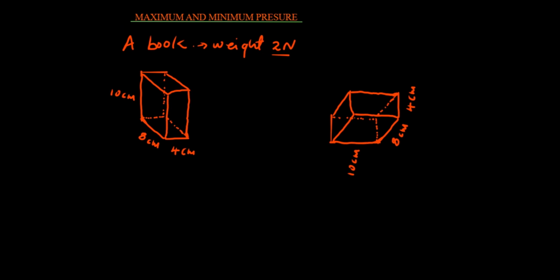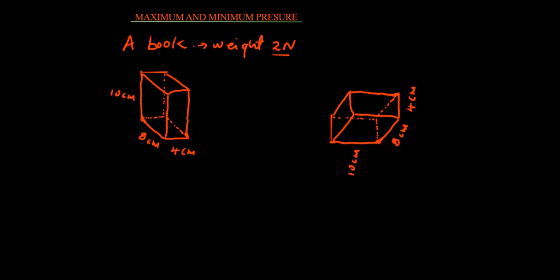Maximum and minimum pressure. Consider a book of weight 2 newtons. So this book and this one are identical, and they all have a weight of 2 newtons.